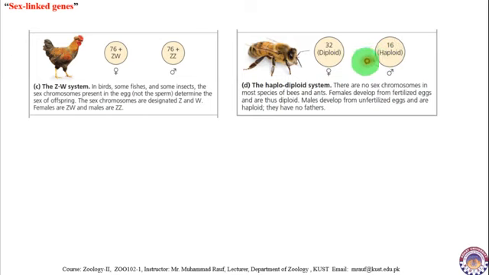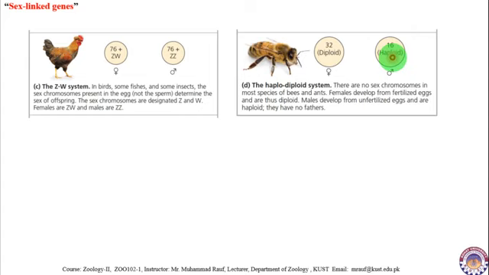So when females are intended, then the sperms are allowed to fertilize the egg, and when the males or the drones are intended, then the sperms are not allowed to fuse with the eggs, and the eggs develop on their own into an individual.